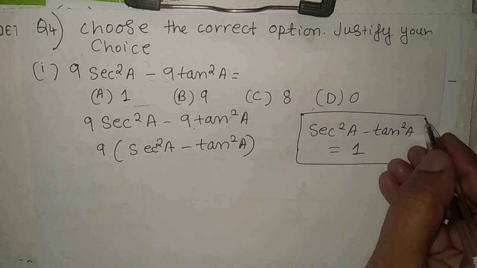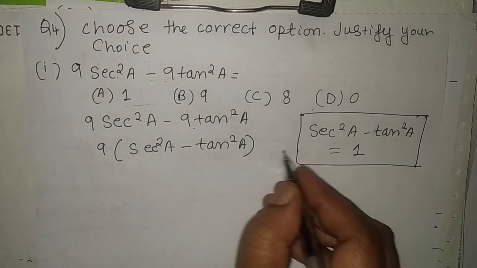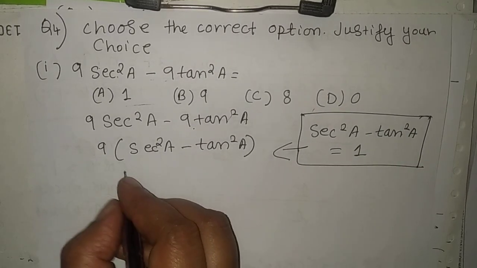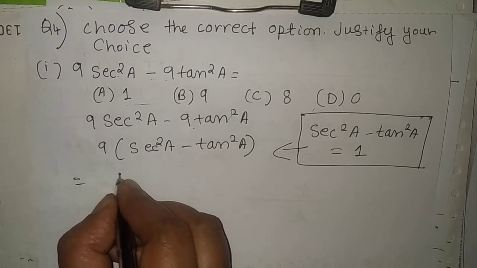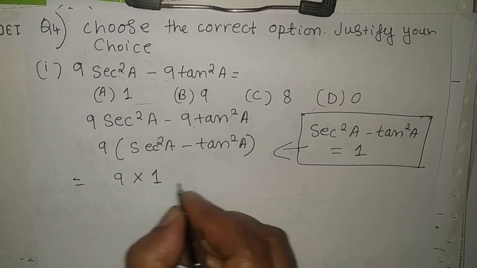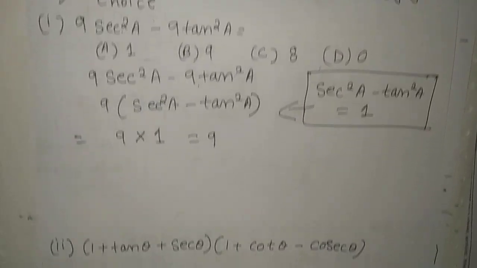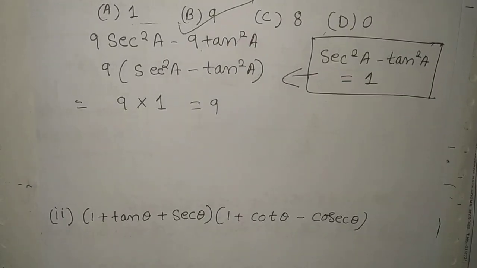So substitute here, 9 into 1 will be 9. So option B is the correct answer.